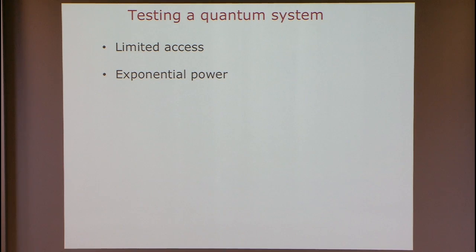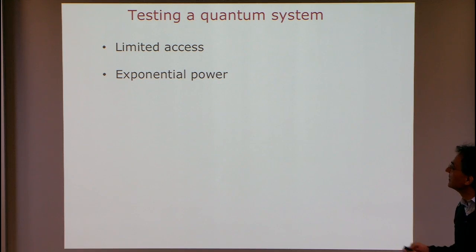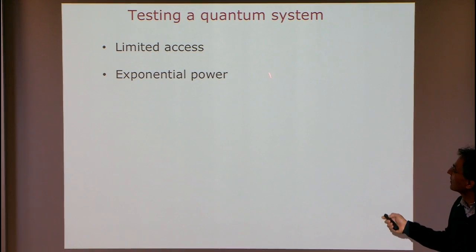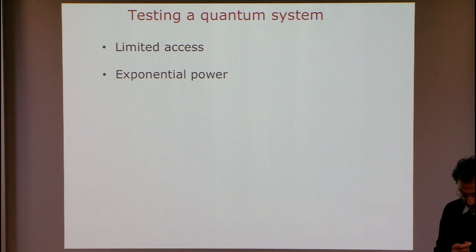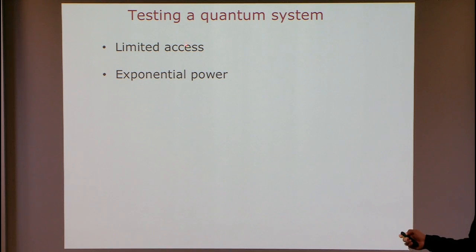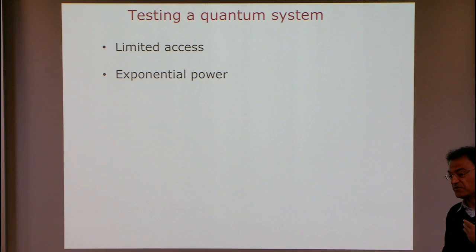The second theme, as I said, had to do with testing quantum systems. Here the issue is that, as we saw, quantum systems have exponential power and exponential descriptions, but on the other hand, we have limited access to them as classical beings.